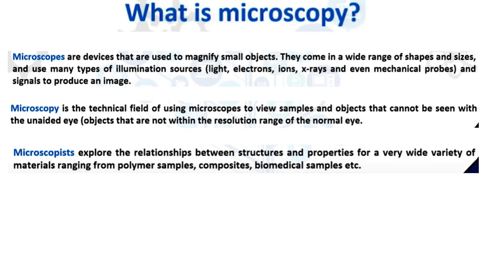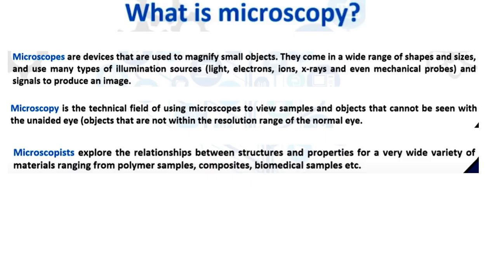So, microscopes are devices that are used to magnify small objects, and they come in a wide range of shapes and sizes and use many types of illumination source, for example light, electrons, ions, x-ray, etc., and even sometimes mechanical probes are used to illuminate the objects. And after that we collect the signals to produce an image.